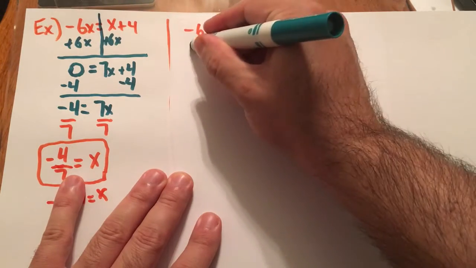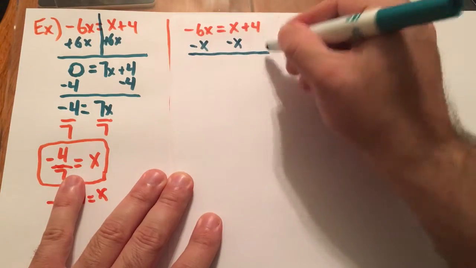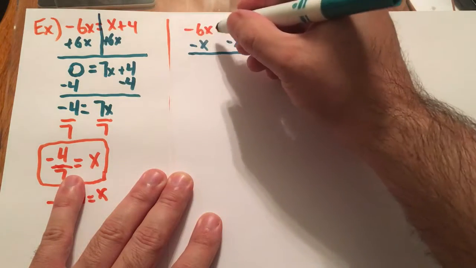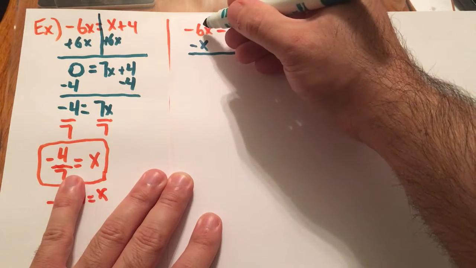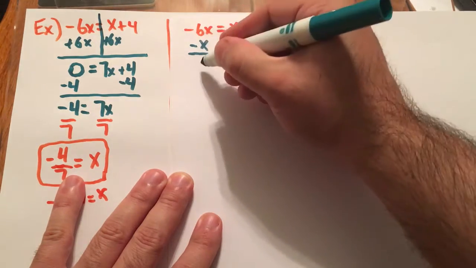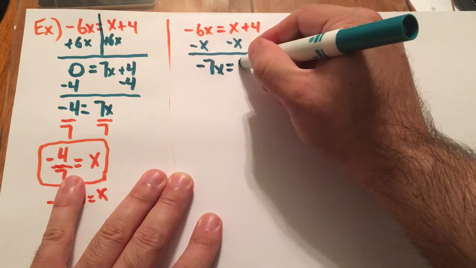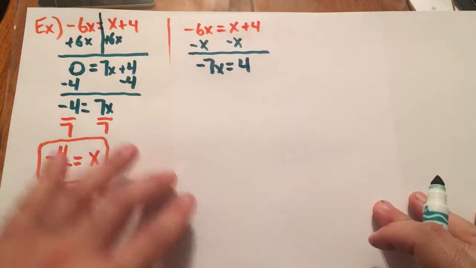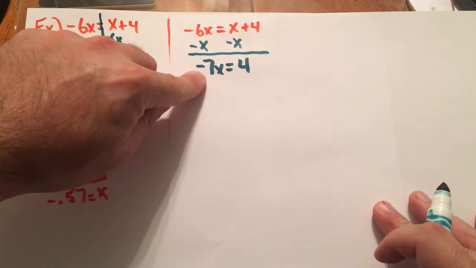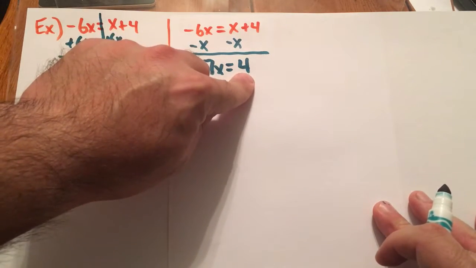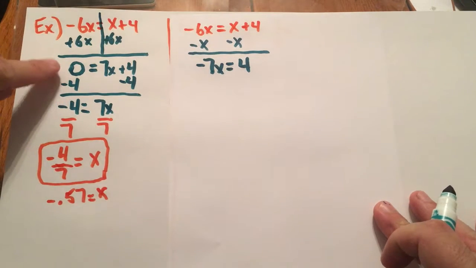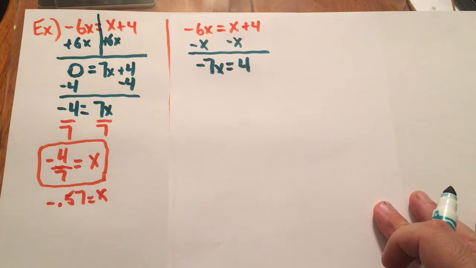If you want to subtract x, you can save yourself a step that we didn't have to do on this side. We had to do over there. So negative 6x minus x is going to be negative 7x, and that's equal to positive 4. Now notice, you're already at a point here where all you have to do is divide by negative 7 and you're done. Contrast that with doing it over here. You added that extra step.